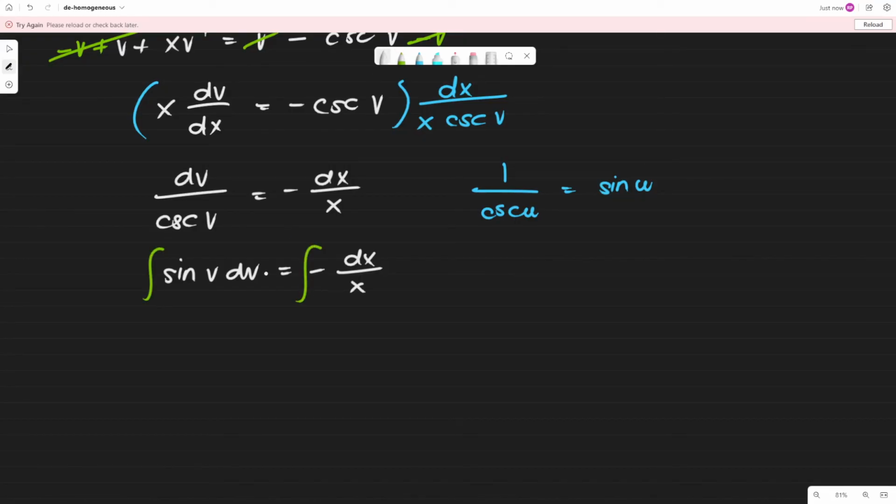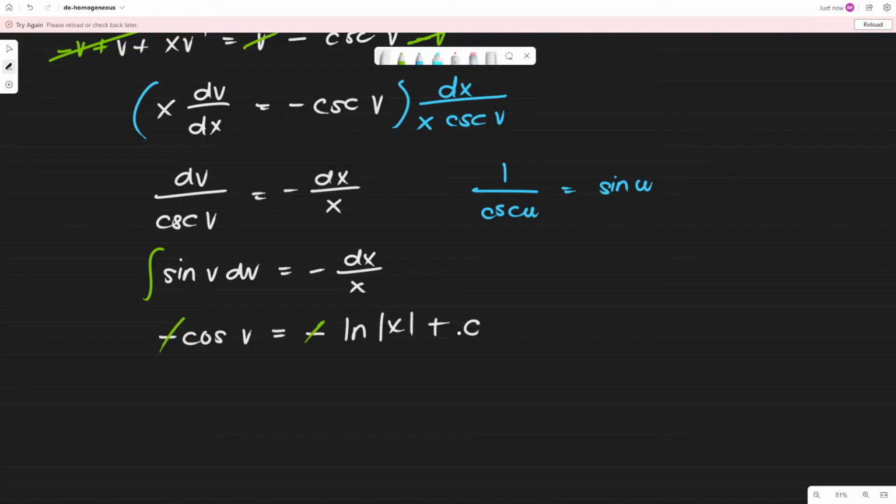The antiderivative of sine v dv is negative cosine v, which is equal to negative natural logarithm of x plus c. Since we have a negative here, we can cancel out the negative. So we will have cosine v.